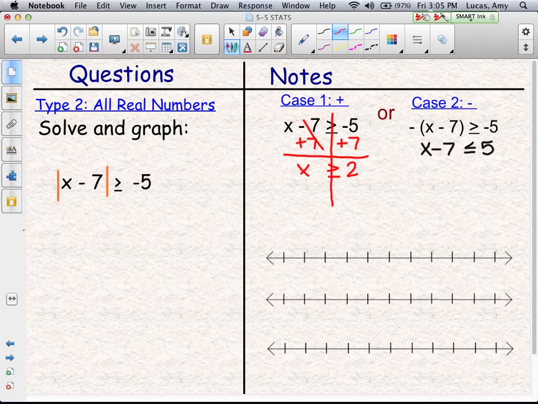So flipping the symbol means it's now a less than or equal to. Changing the sign means it's now a positive. So if I add 7, I will get x is less than or equal to 12. So my graph is going to have to go from 2 to 12.